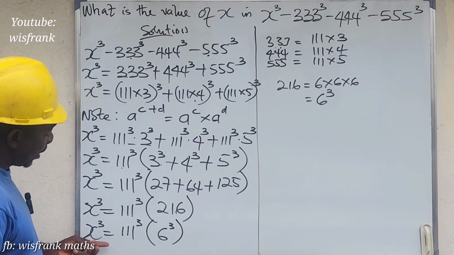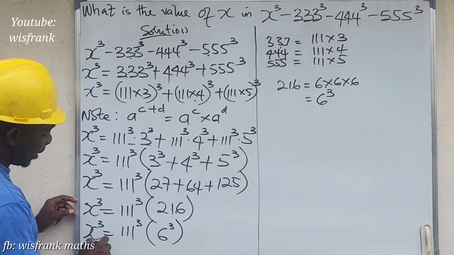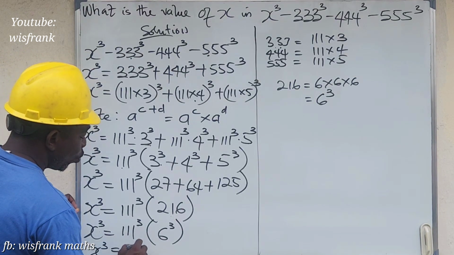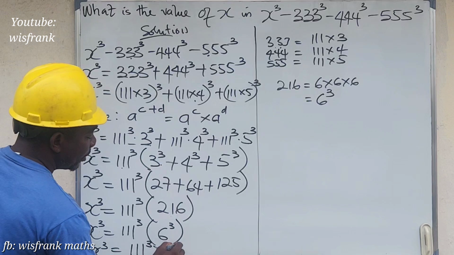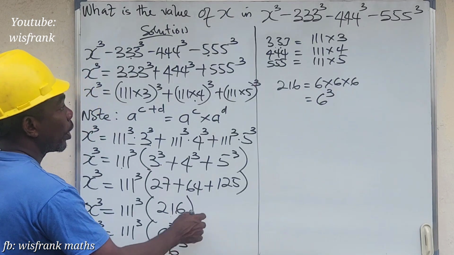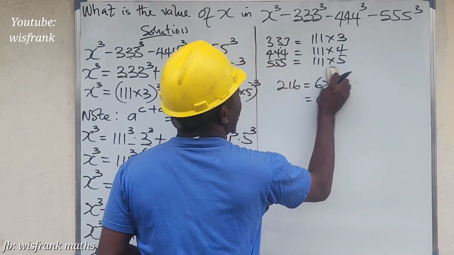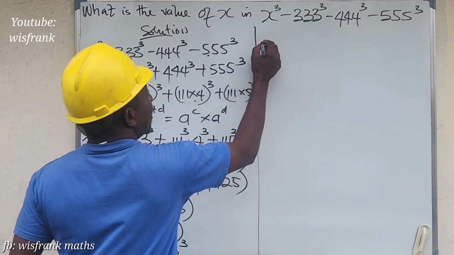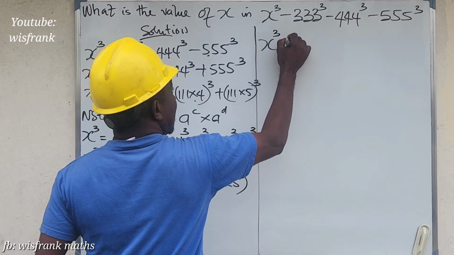So in this case, this is the same thing as x to the power of 3 equals 111 to the power of 3 times 6 to the power of 3. So we can move over to this other side.